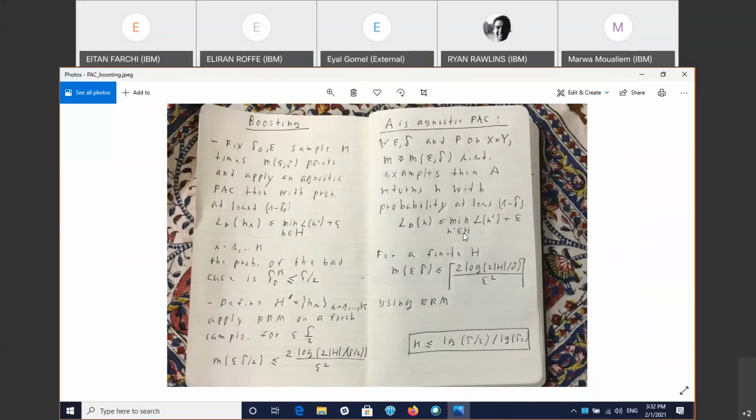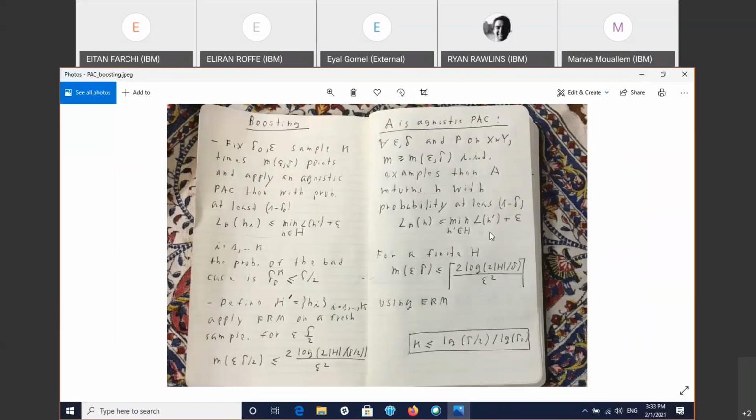Because we can't be expected to do better than the best hypothesis in the hypothesis set, because we are choosing a function from the hypothesis set. So the learning algorithm is choosing a function from the hypothesis set, so we can't expect to have a loss that is better than that.